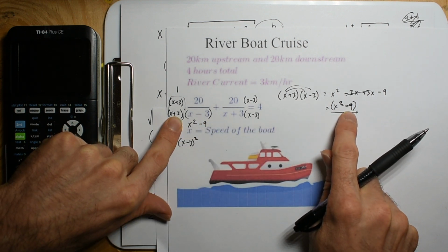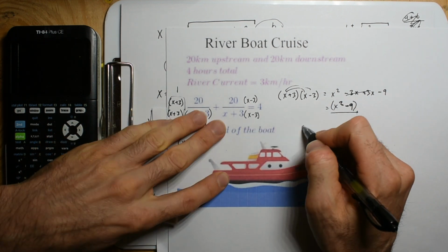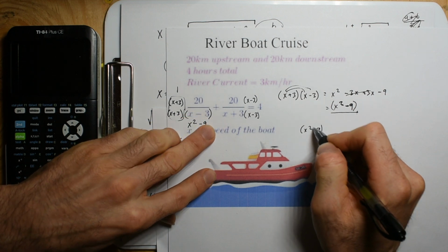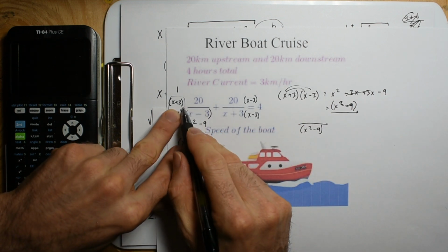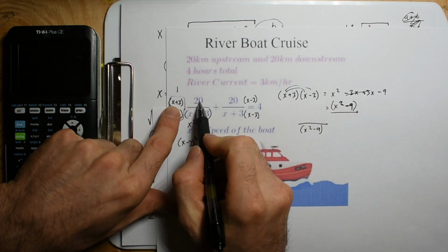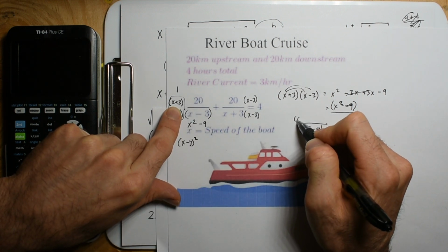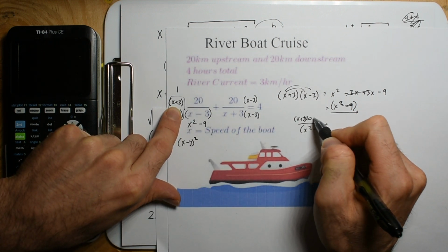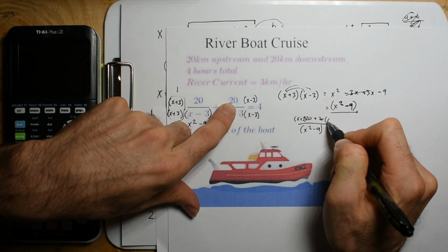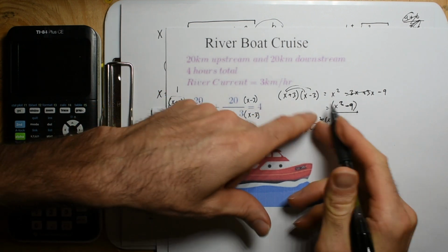So that's cool. That's what the bottom is going to look like: x squared minus 9. And then the top is going to look like x plus 3 times 20 plus 20 times x minus 3. And then we could FOIL that.